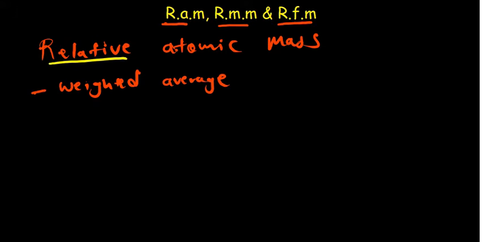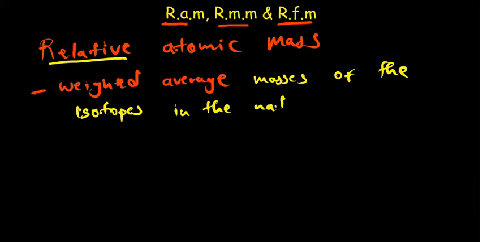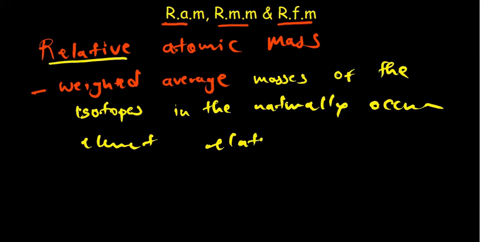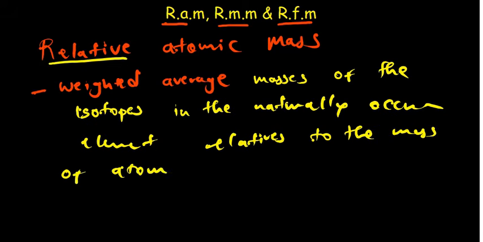So you compare the weighted average masses of the isotopes in the naturally occurring elements relative to the mass of an atom of carbon-12 isotope. So that is what we call relative atomic mass.